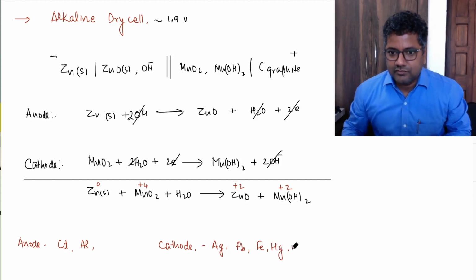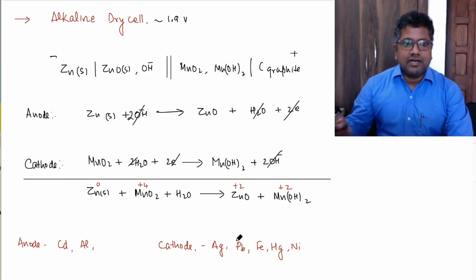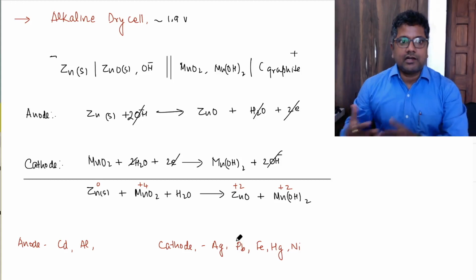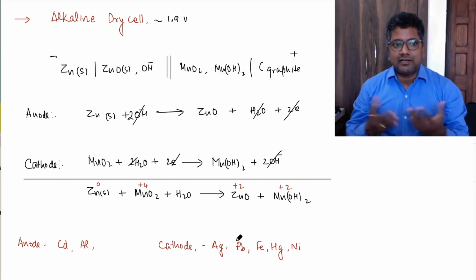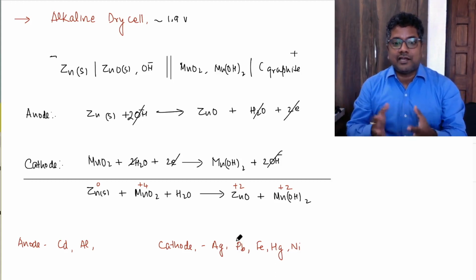Yes, nickel also you can use as a cathode. These are alternative materials, but graphite is the best.